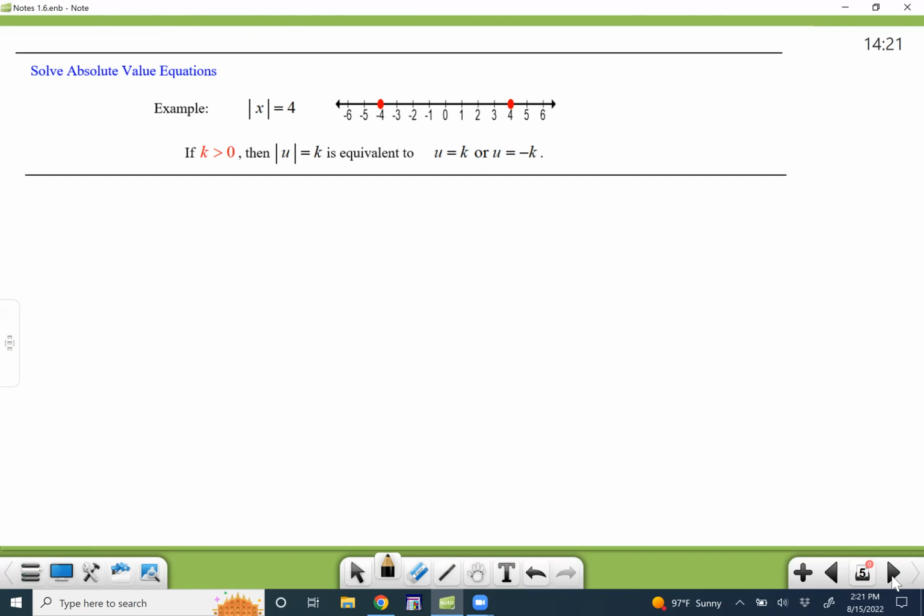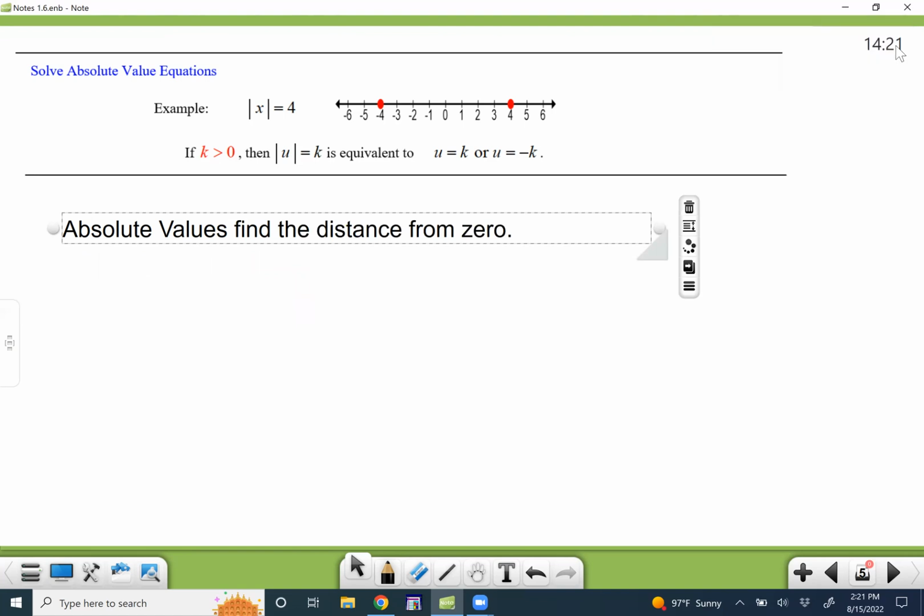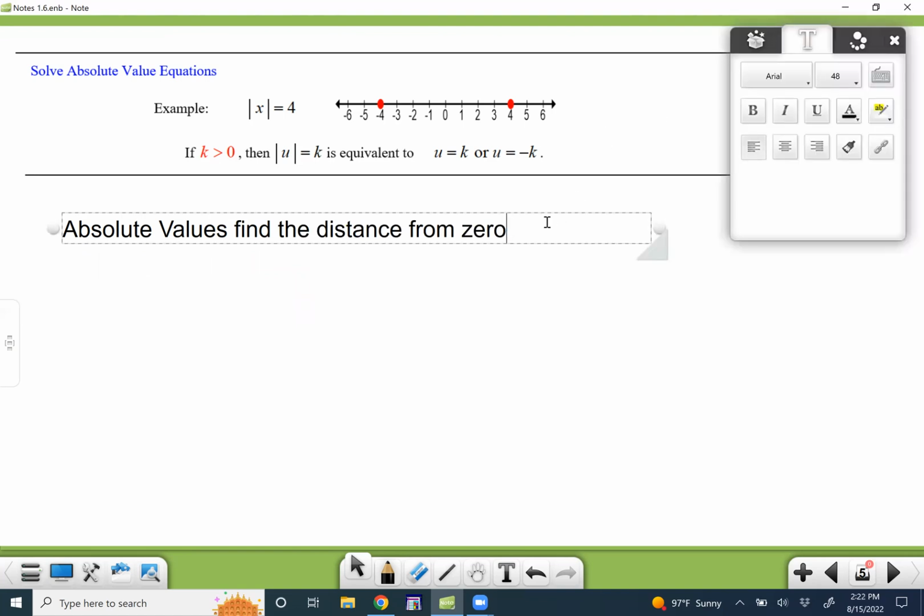So the absolute value signs technically stand for what they mean is the distance from 0. Absolute values find the distance from 0. So you might remember absolute value signs always make things positive, right?